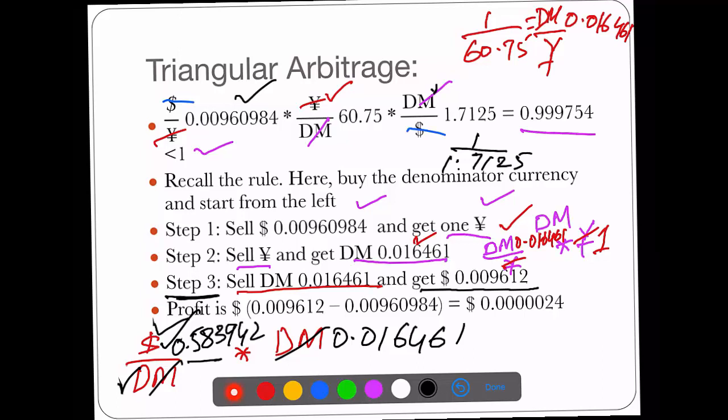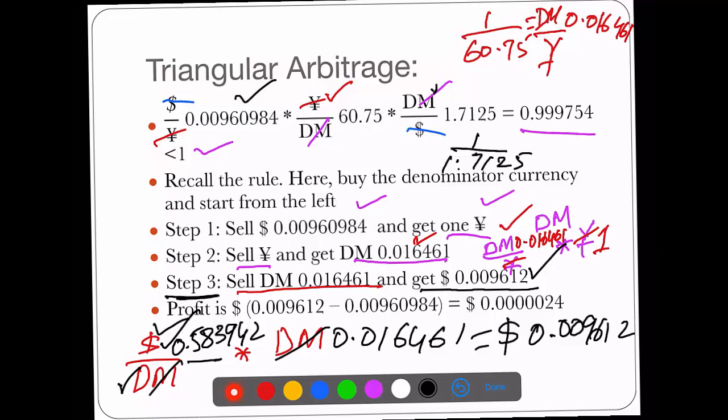I'm using 6 decimal places, and now multiplying it with 0.016461, and here you go, I got this number, and only the dollars are left, 0.009612.